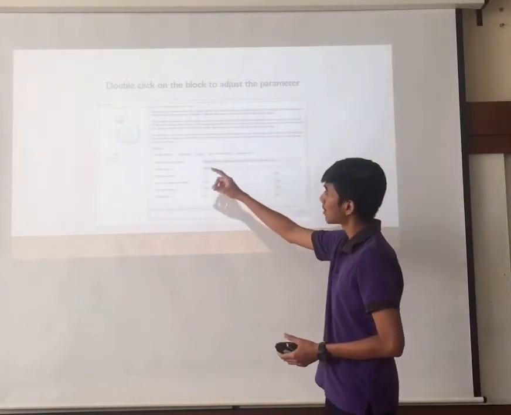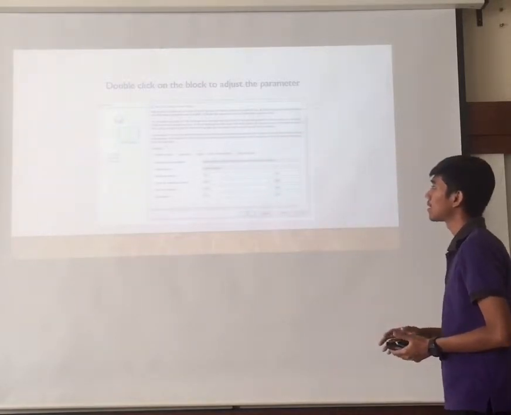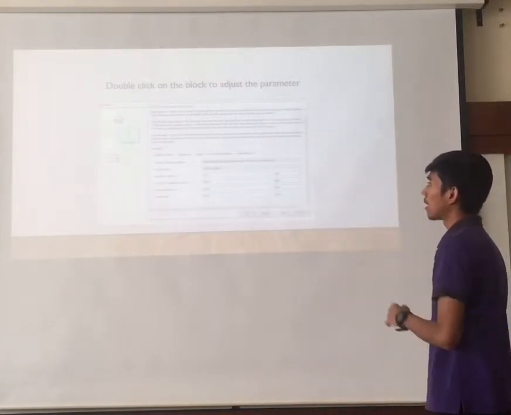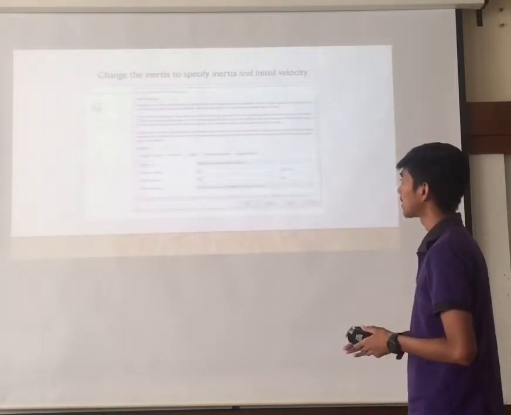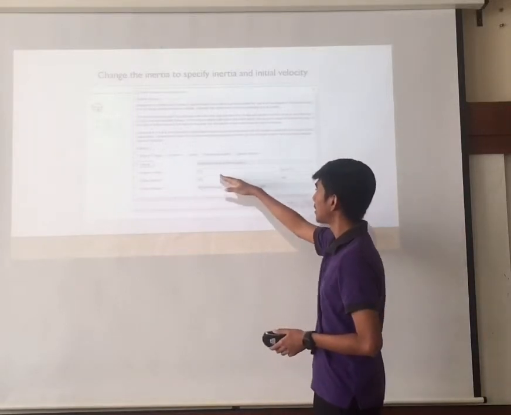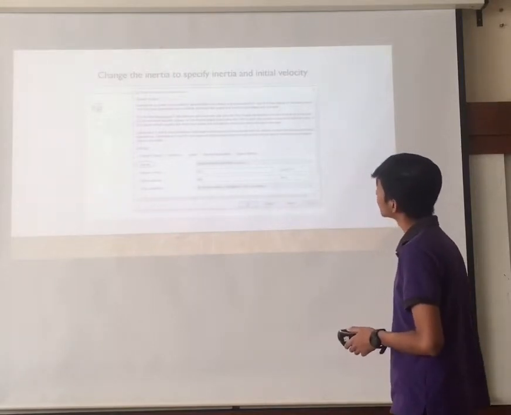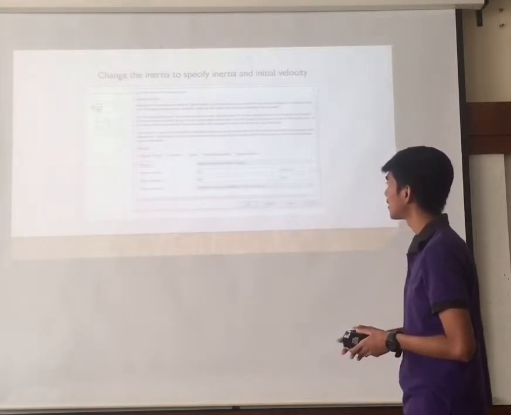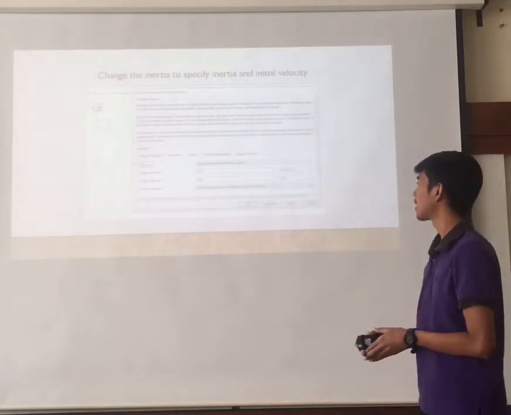From here, when we click the engine, it will pop up the parameters that we can change. For engine type, we just left it default, but we change the dynamics and the inertia to specific inertia and initial velocity, change to 0.2, and then we click apply.